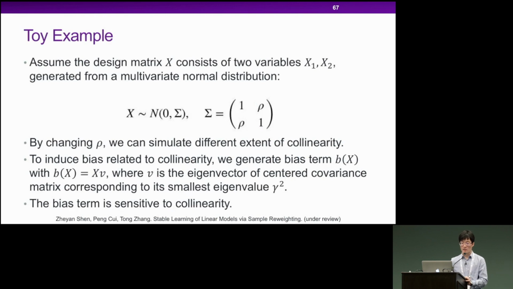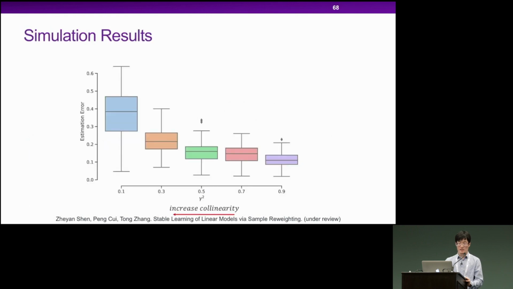Here we do a simulation experiment. We tune the values of rho to generate different smallest eigenvalues, from 0.9 to 0.1, which increases the collinearity. The stronger collinearity brings higher estimation error, as you can see in the average bar here.